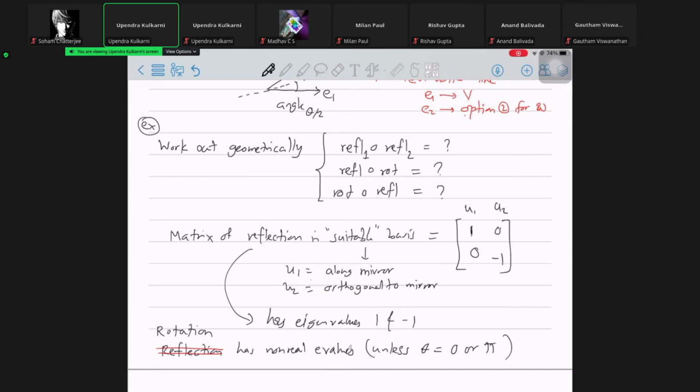Otherwise, it will be a rotation. So the result is again the same. Everything is going to be either... Yeah, no, but not quite, because I still have to take care of my initial operation.